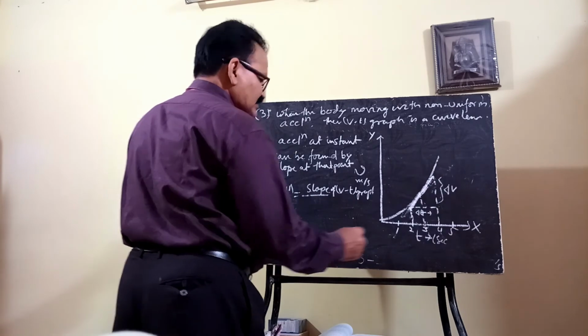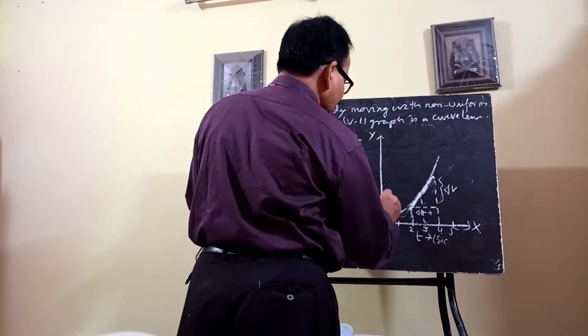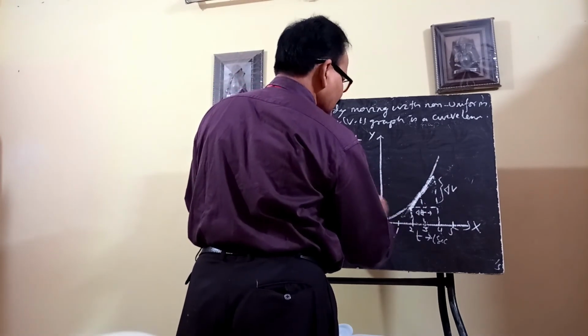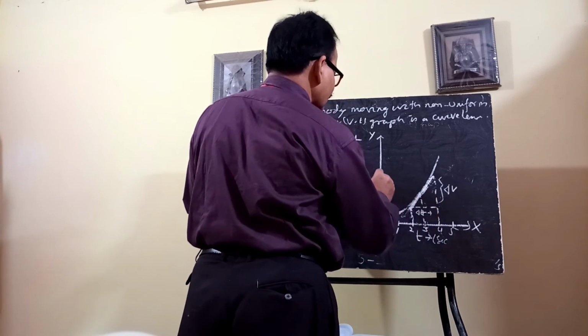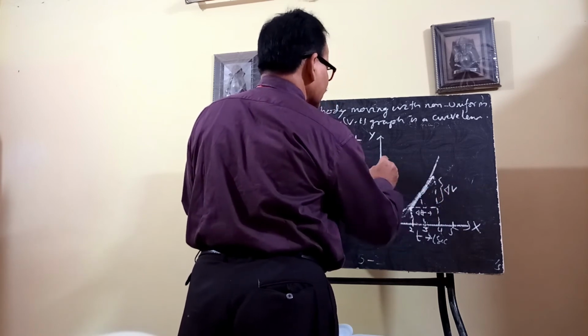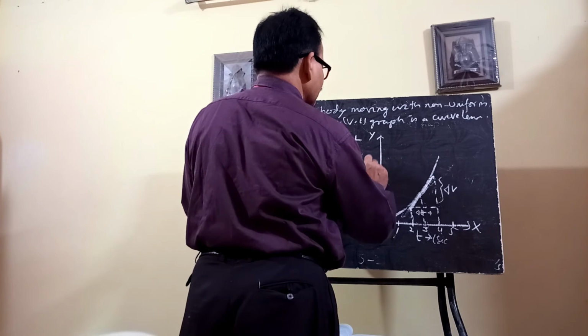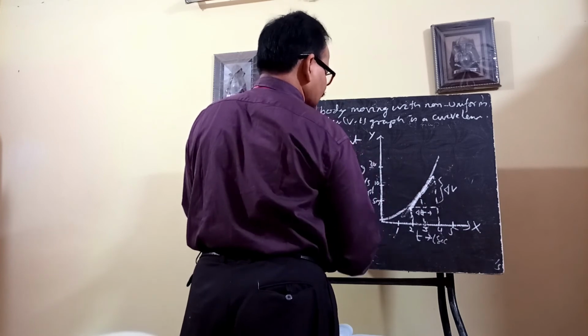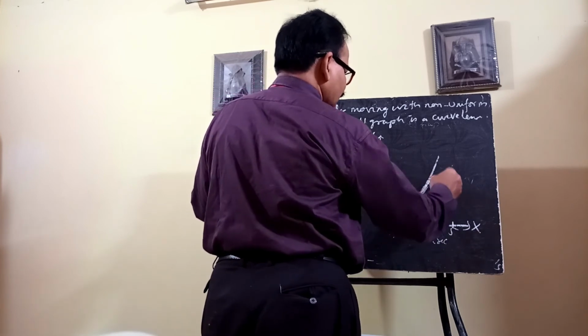So in this case, say this is 5 meter per second, then say this is 10, say this is 20, this is say 30 meter per second. Then what will happen?